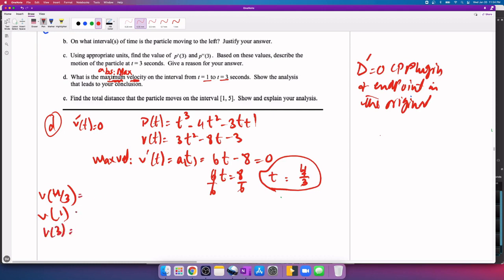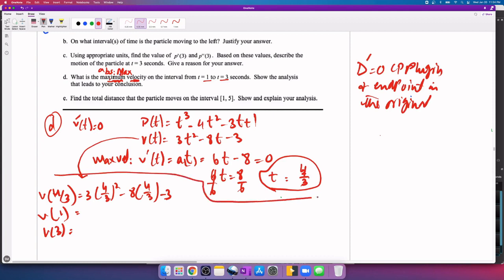When you plug in 4/3, this is the one I'm using, guys. So it's going to be 3 times (4/3) squared minus 8 times 4/3 minus 3. I'm going to draw a line here so you don't mess up on that one.